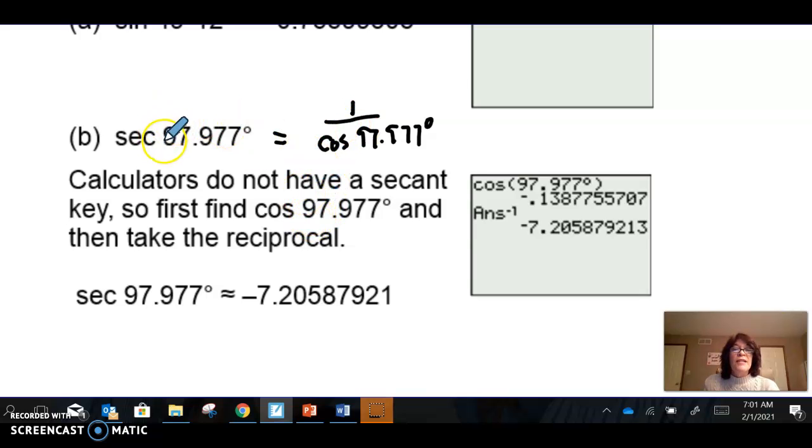Okay, but for secant, cosecant, cotangent, you do have to find its reciprocal trig function of the angle, and then take the reciprocal of that. Okay, see? Don't just take 1 over the degree.